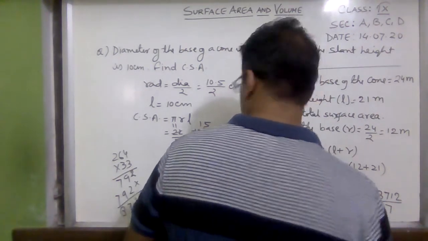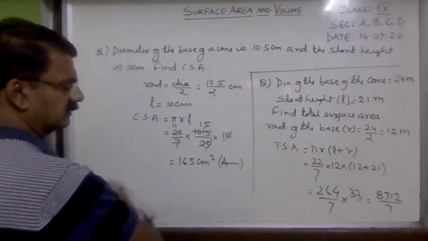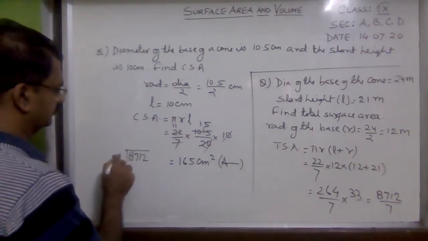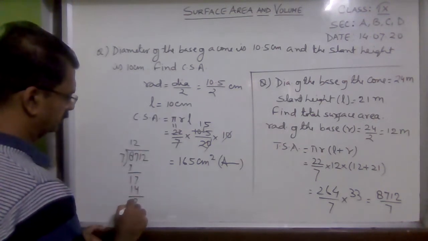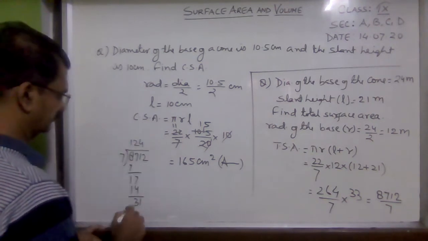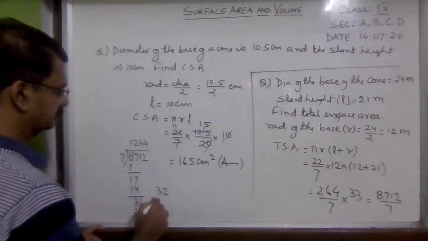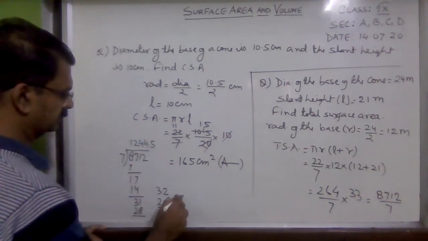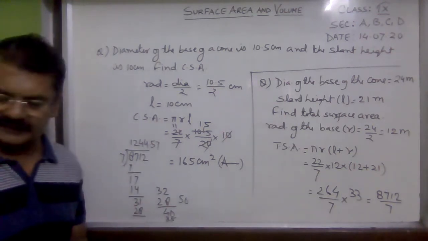Now you have to divide 8712 by 7. So it is nearly 1244.57.